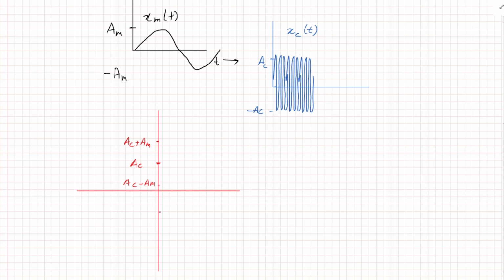On the negative y-axis, similarly we have points. Here it is minus A_c, here it is minus A_c plus A_m, and here we have minus A_c minus A_m.